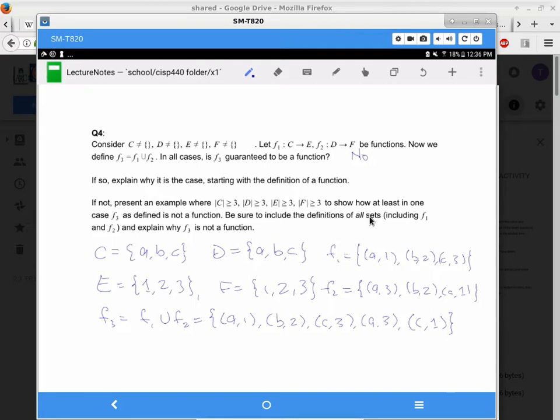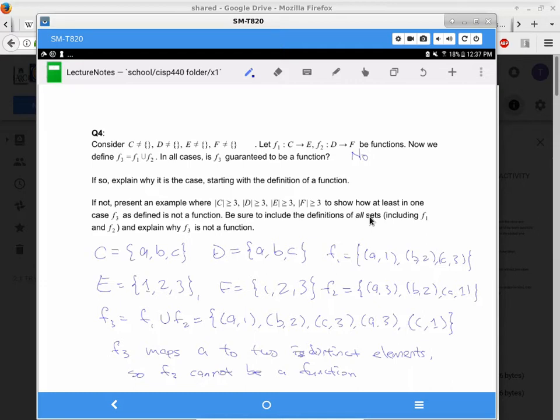So then you can now argue and say F3 maps A to two distinct elements. So F3 cannot be a function. You don't even have to say that you have to map everything to one and only one. You just have to say that it's more than one. It's not a function.